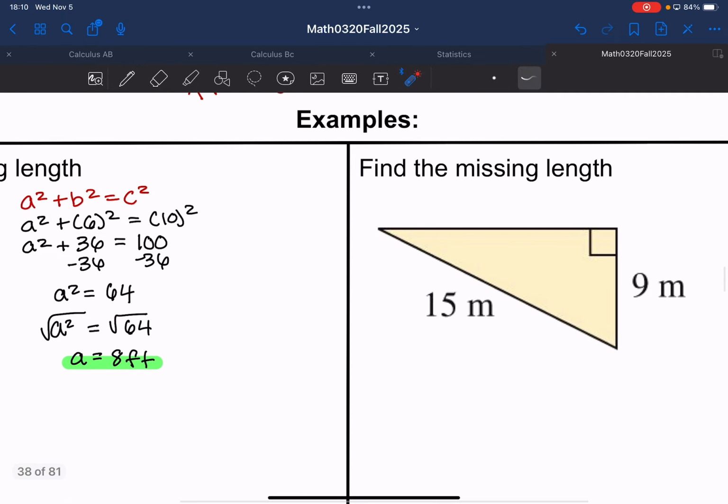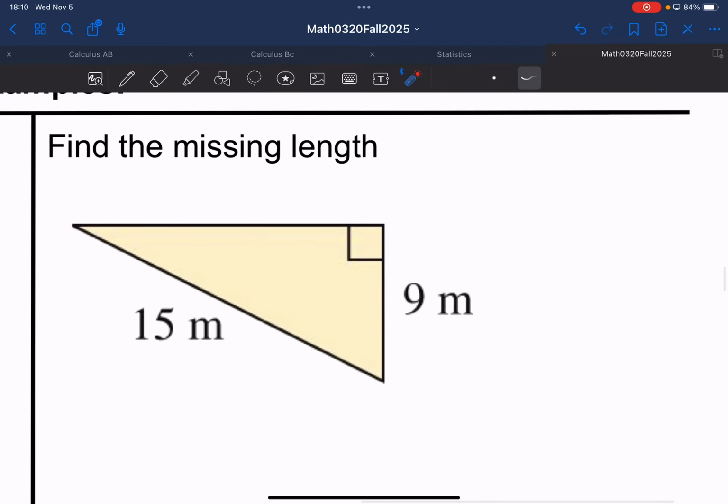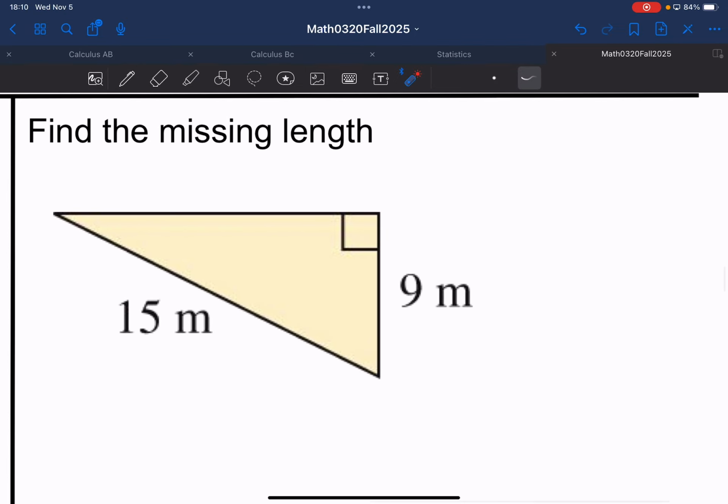Okay. Go ahead and try this one. Take a minute and then compare with your neighbor.